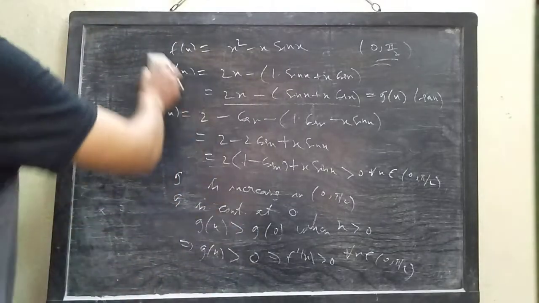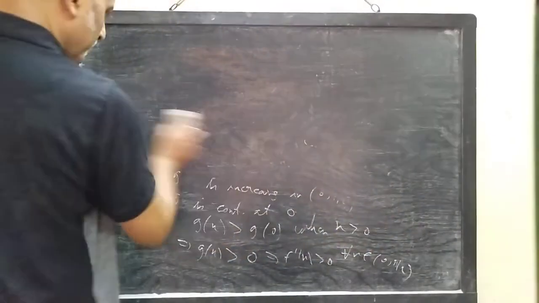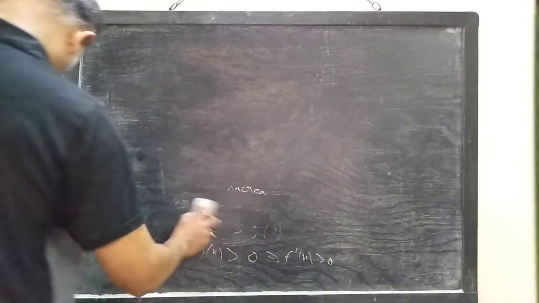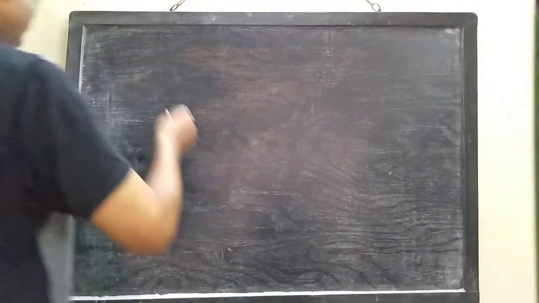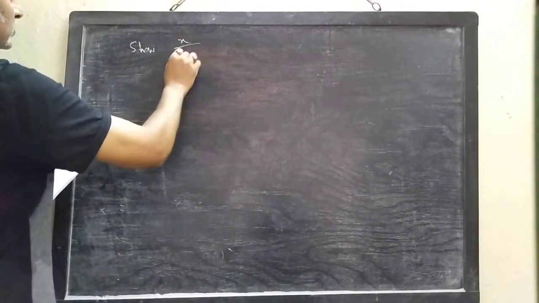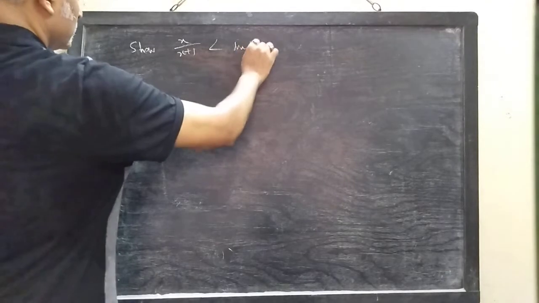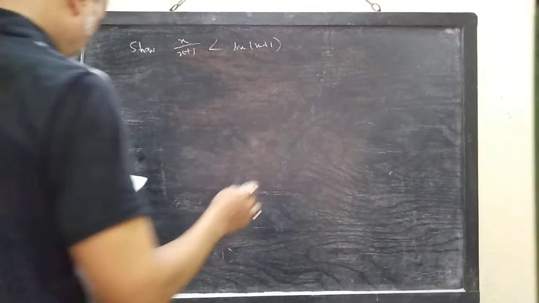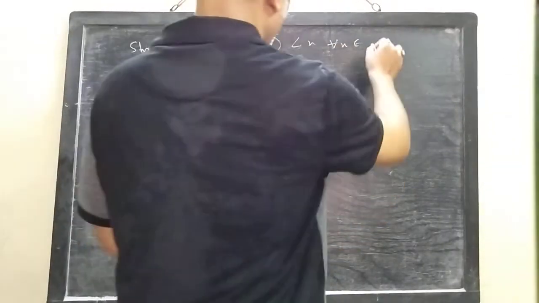Next, an important question frequently asked in exam papers. Show x by x plus 1 is less than ln of x plus 1, which is less than x, for all x belongs to open 0 to infinity.